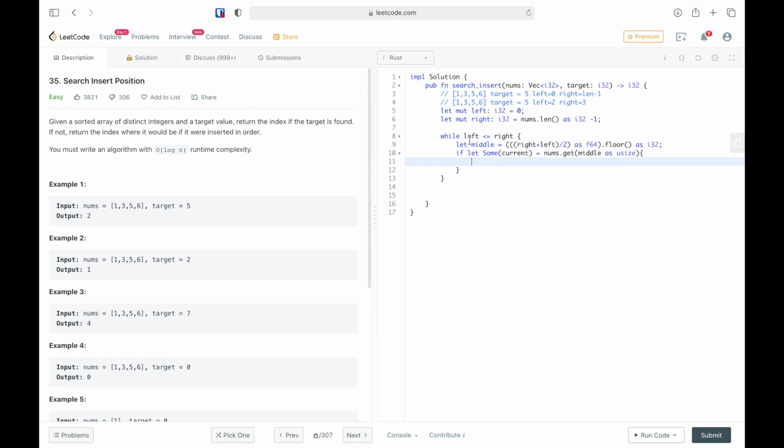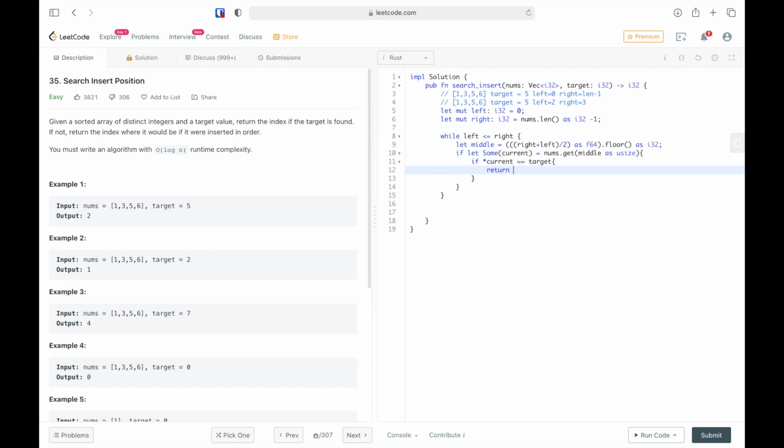It's probably never going to happen, but just in case. So we say get middle as usize. Once again, middle is i32, and when we want to index, we need it to be usize, so we need to cast it. Once we're there, we go ahead and say current equal. So we need to dereference. If current is equal to target, well, that means we found the target.